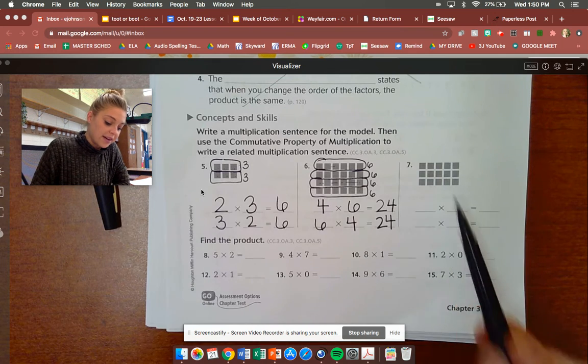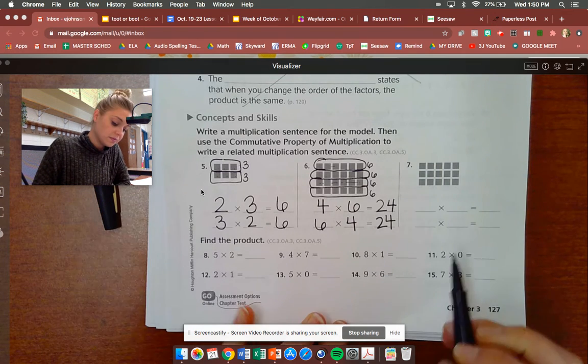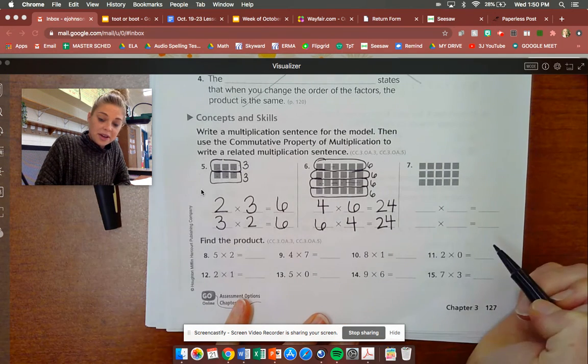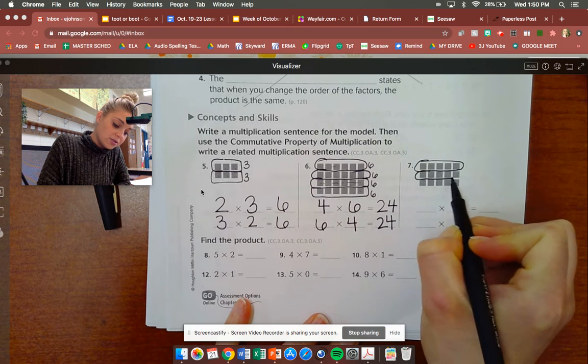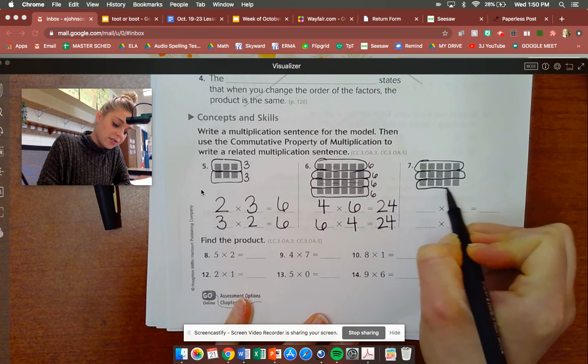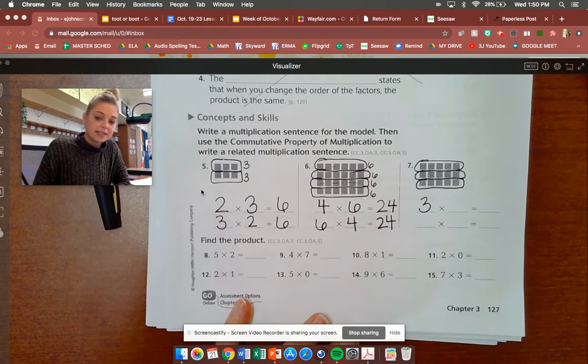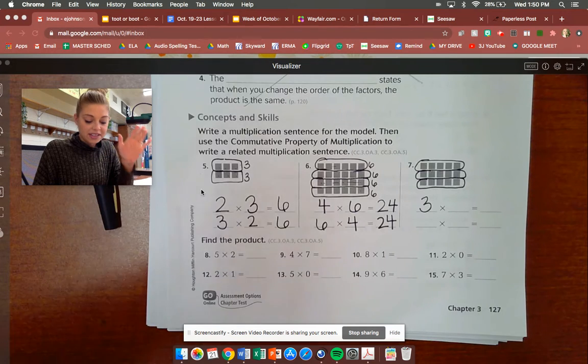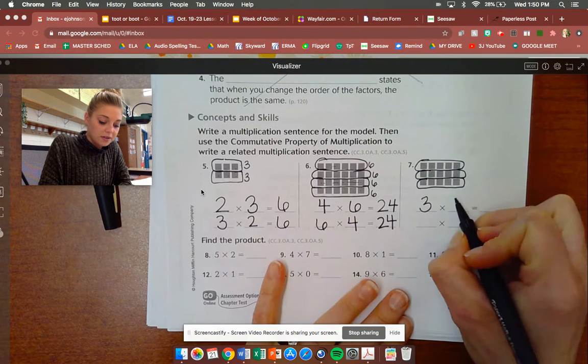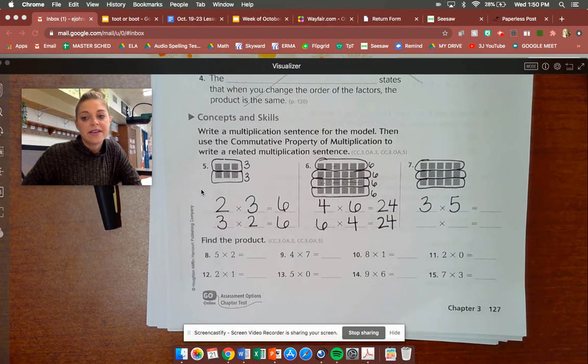Okay, number 7. I'm going to circle my groups. I have 1 group, 2 groups, and 3 groups. So I have 3 groups. And there is 5 squares in each group. 3 times 5.